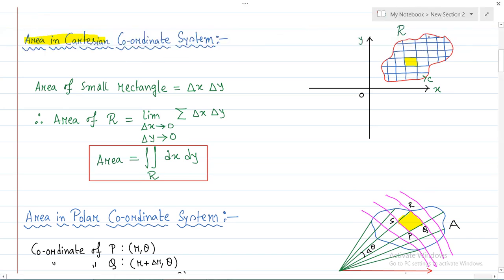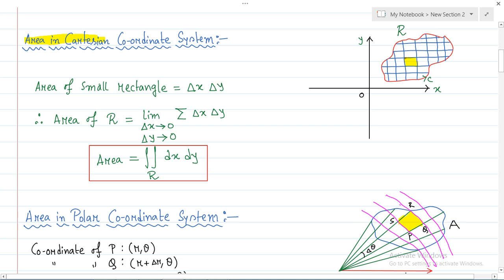We have to make grid points, many grids here. That is, the whole region is divided into small rectangles, where some parallel lines are taken parallel to the x-axis and some parallel to the y-axis. This creates the grid structure.